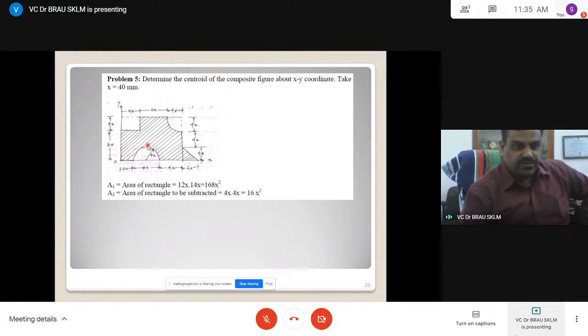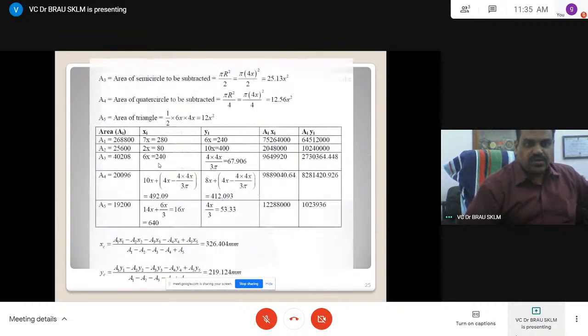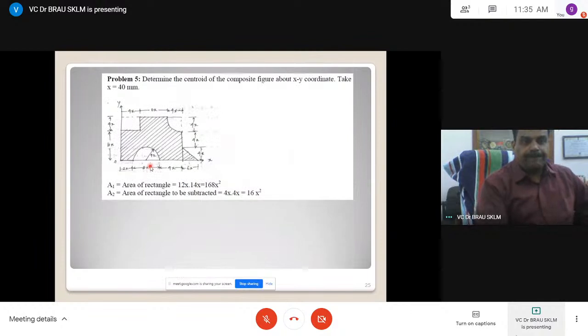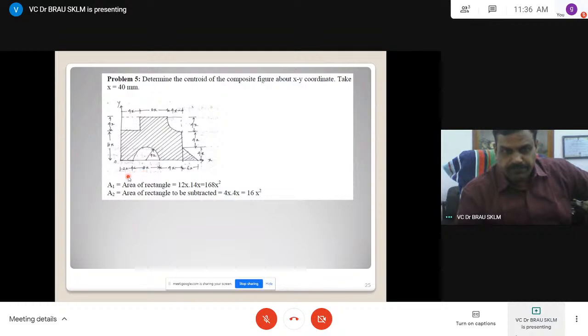Midpoint is, we can represent this length r by 2. Wherever is r, we can substitute. This is what, 4r by 3 pi, and here it is 6x. 2x plus 4x, 6x, 8x midpoint.